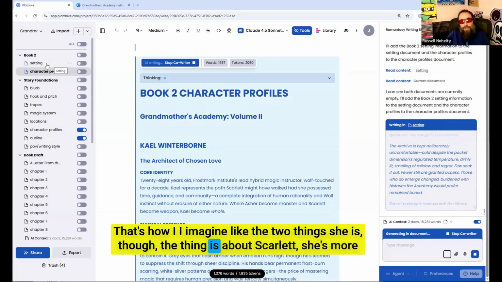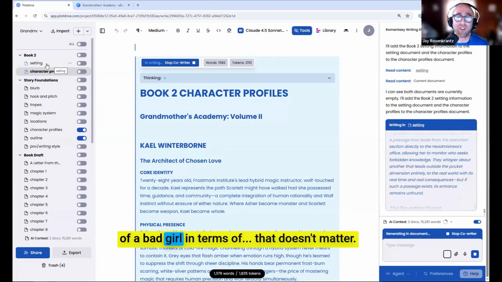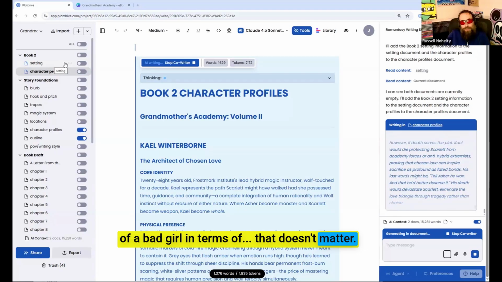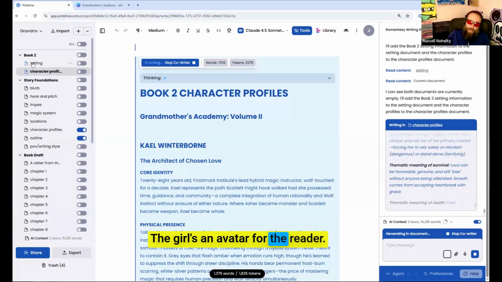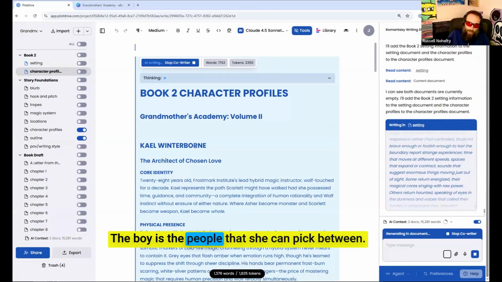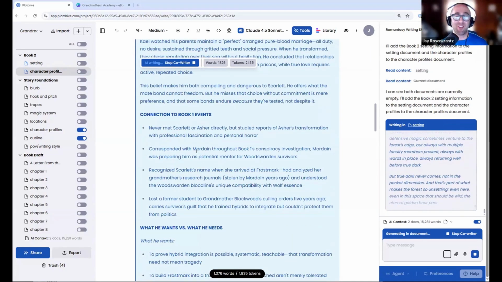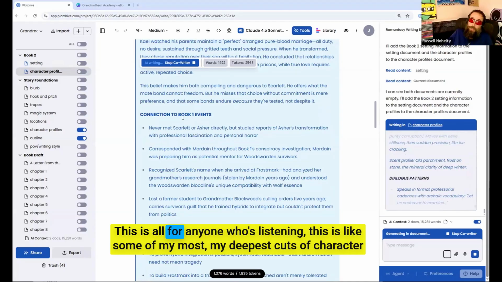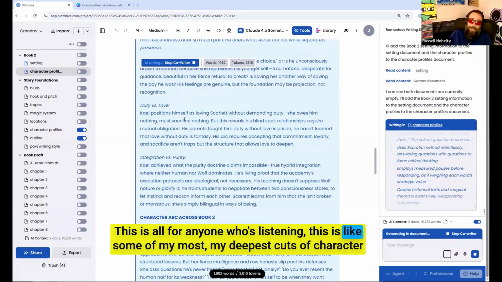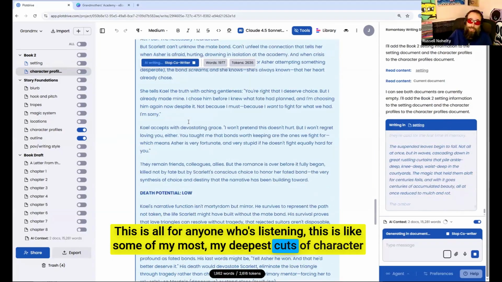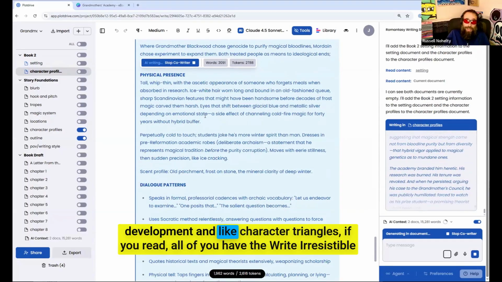The thing about Scarlet is she's more of a bad girl. That doesn't matter. The girl is an avatar for the reader. The boys are the people that she can pick between. Interesting. That's good feedback. This is all for anyone who's listening. This is some of my deepest cuts of character development and character triangles.